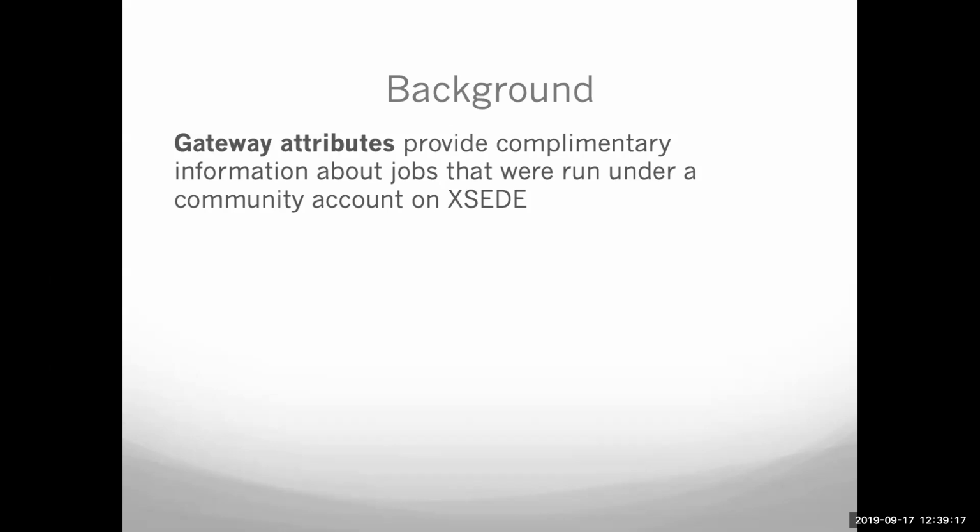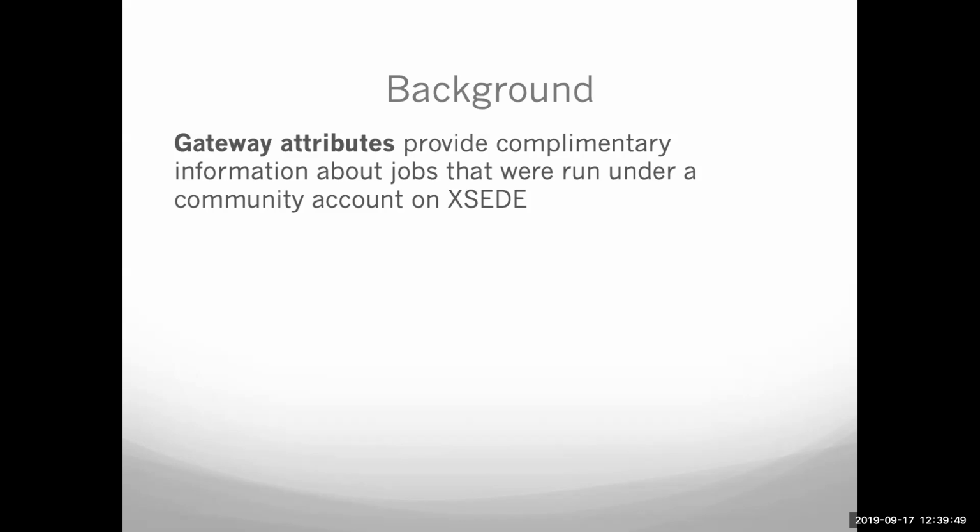When gateways run any job on XSEDE resources, they run as a community account and not as a gateway user's account. So the clusters don't have any visibility on who the gateway users are and what kind of computation is happening on their behalf, because the gateways just operate via a community account on XSEDE resources.